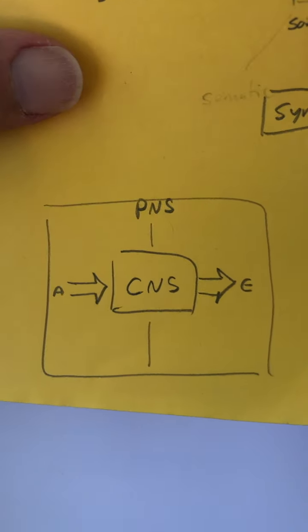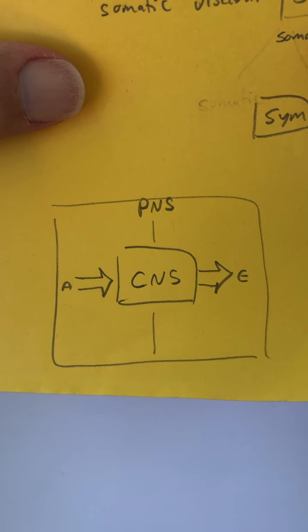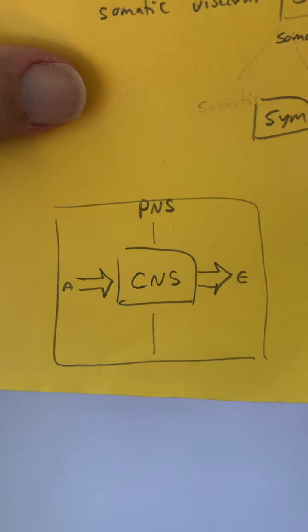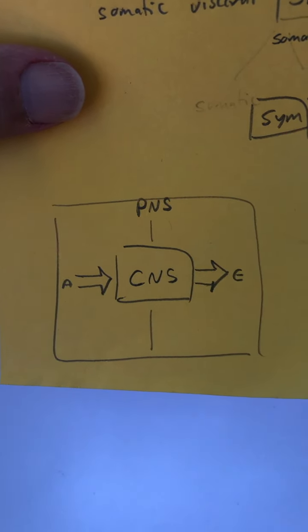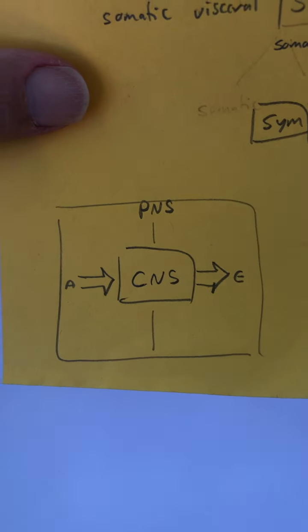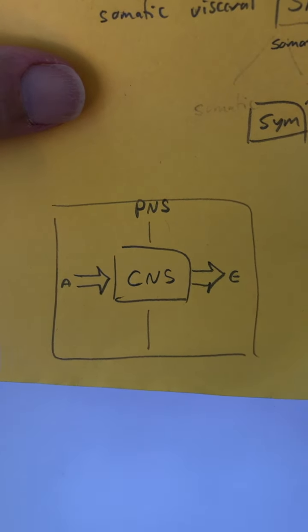So again, your central nervous system is like an island, surrounded by the peripheral nervous system. If anything goes wrong with the input, the brain and spinal cord don't get that information. If anything goes wrong with the output, the brain and spinal cord cannot control the body.